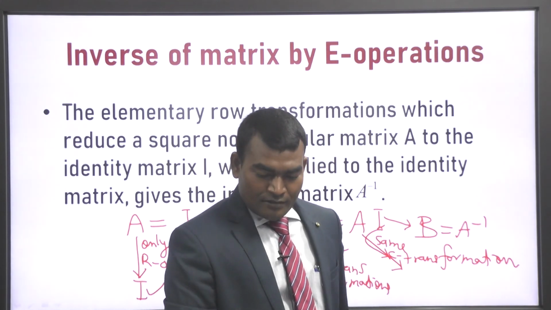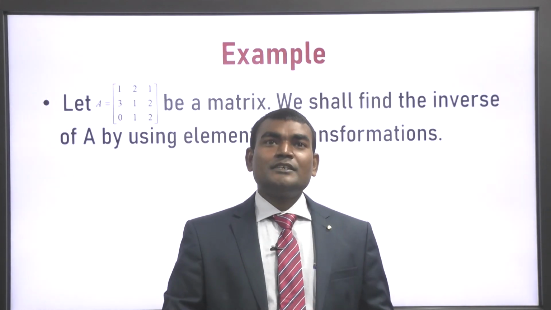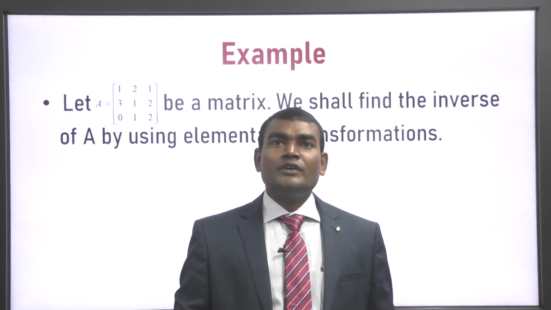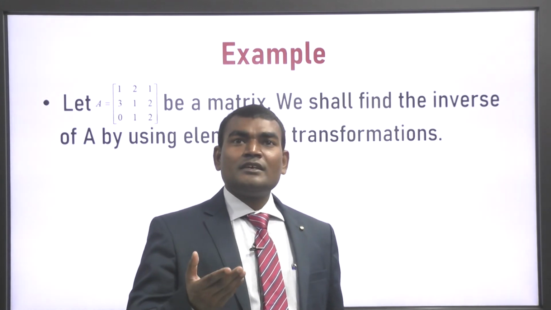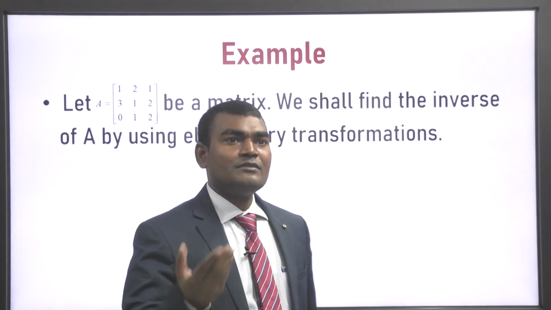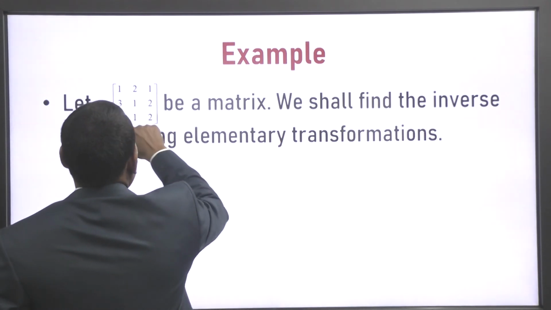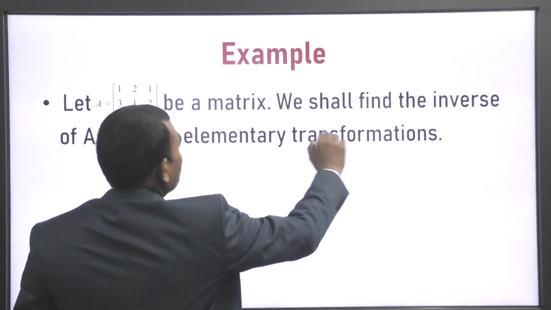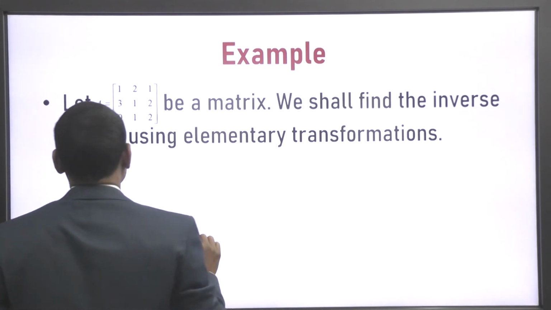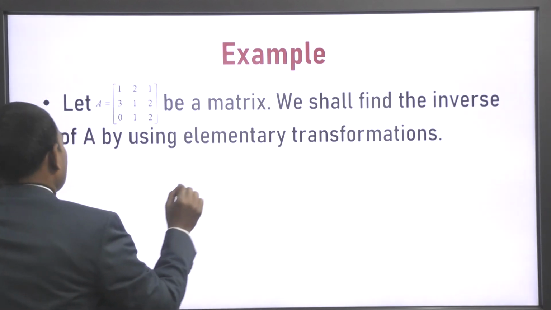Now see here, we have taken a problem. By this problem we can understand very easily how you find the inverse of a matrix. Let A be this matrix; we shall find the inverse by using elementary row transformations.